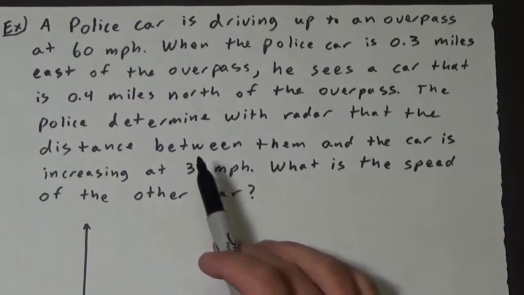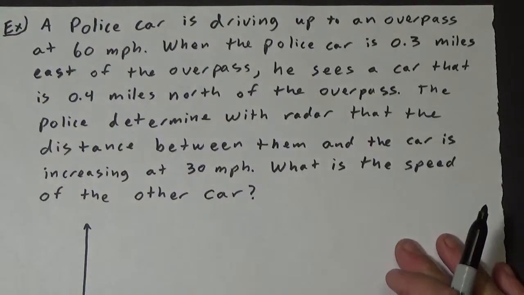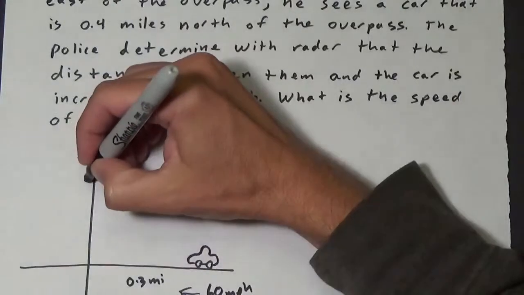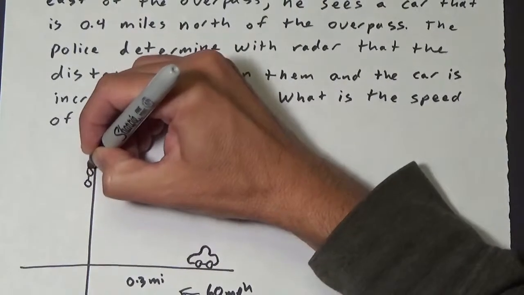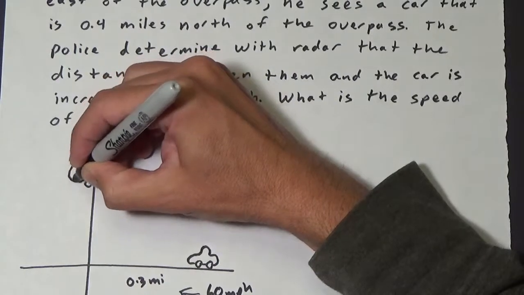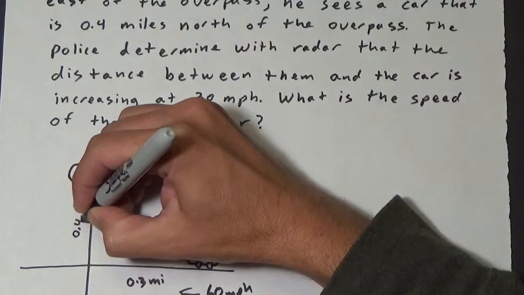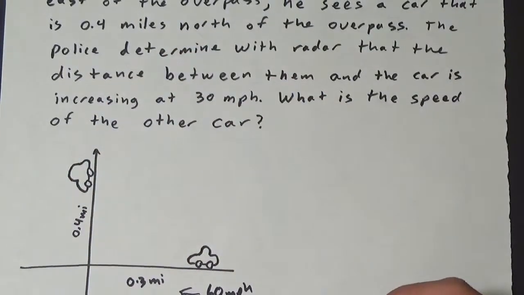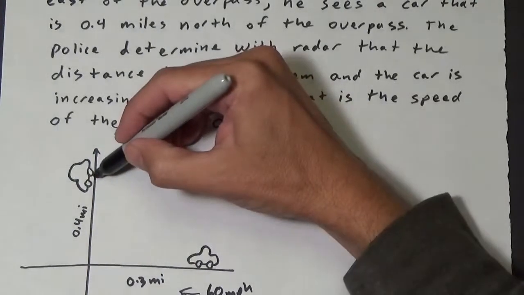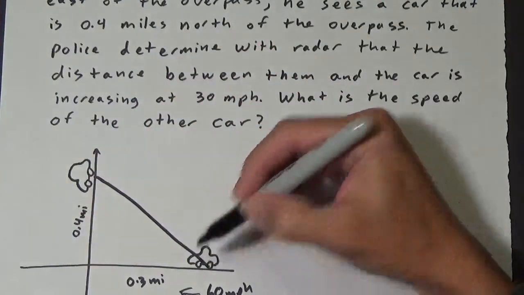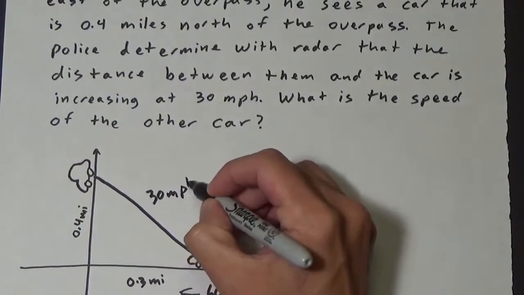Now it says it sees a car that is 0.4 miles north of the overpass. So there's another car, and it is 0.4 miles north of it. And then it also knows that the distance between them is increasing at 30 miles per hour.